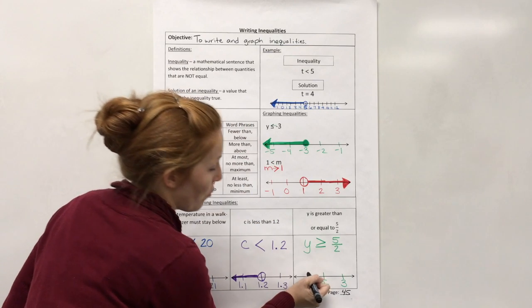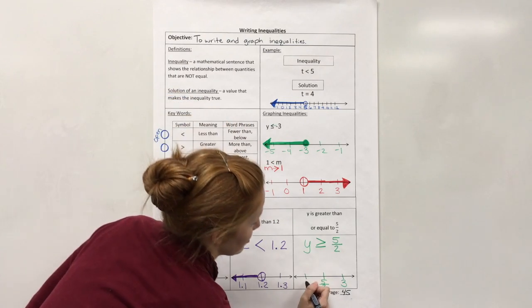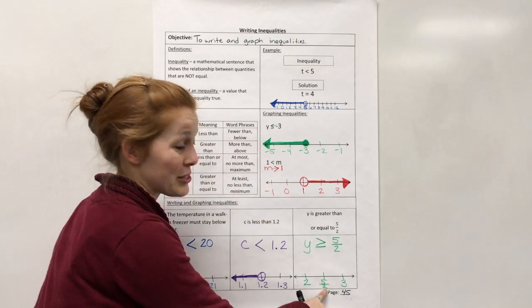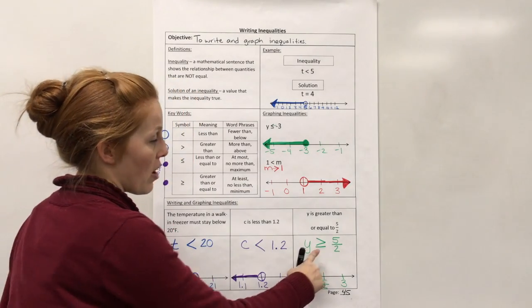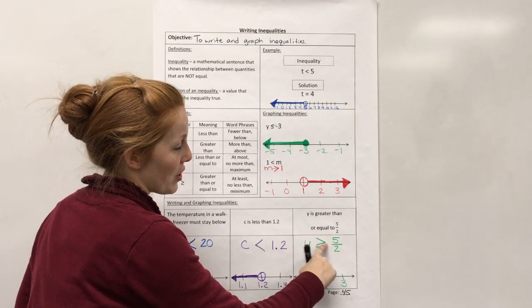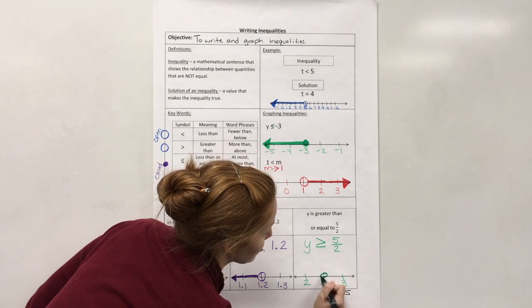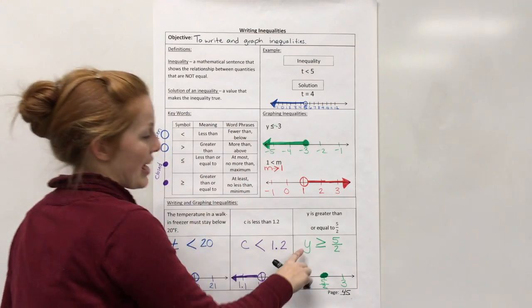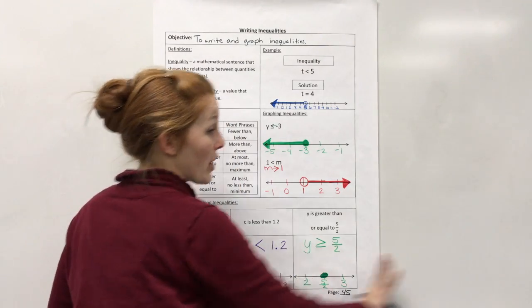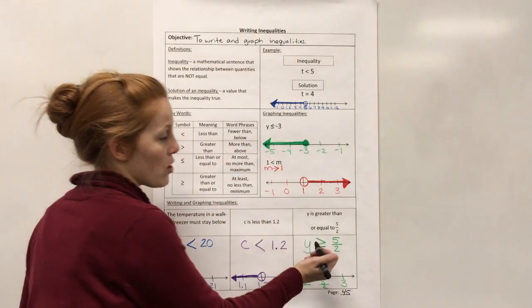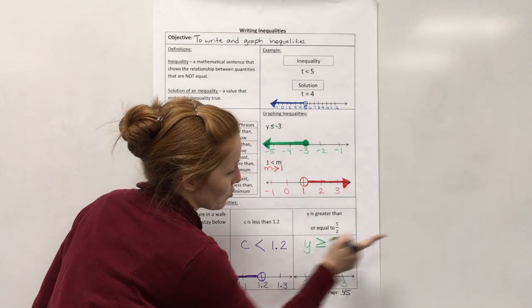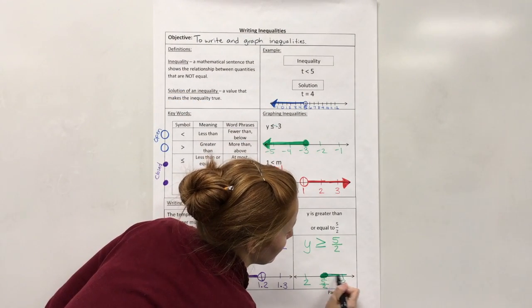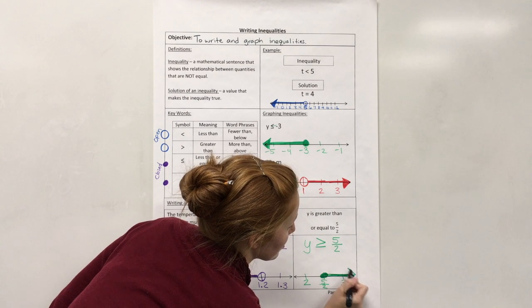And before that would be 4 halves, which is the same as 2. So this is basically 2.5. Now, I see the equal line, so it's greater than or equal to, so it's going to be a closed circle, meaning 5 halves is a solution. And Y is greater, so anything greater is also a solution, or you can look, it's pointing to the right. So it's going to go to the right.